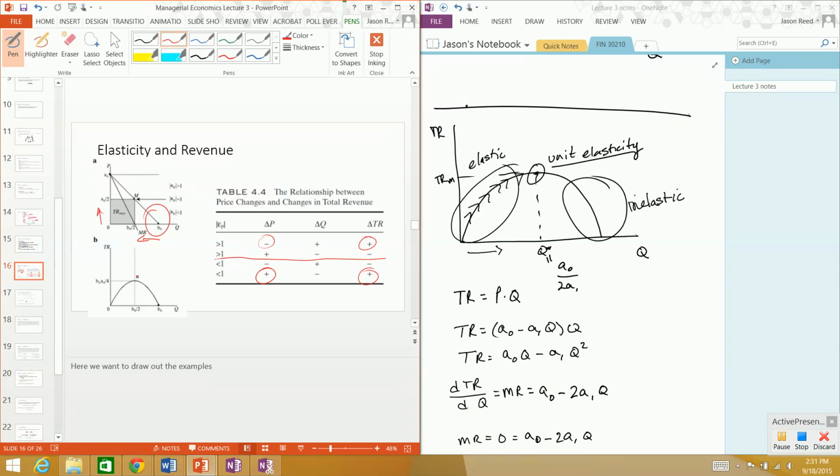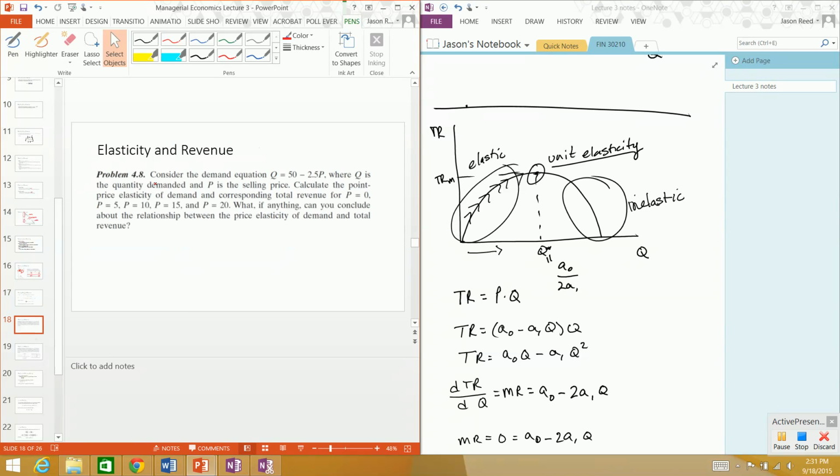Again, this maximum point is going to correspond with this point up here, where we've maximized total revenue. That's the greatest total revenue that we can find. Anything else is going to be less than our max, and we want to be able to get to that point or understand where that is.